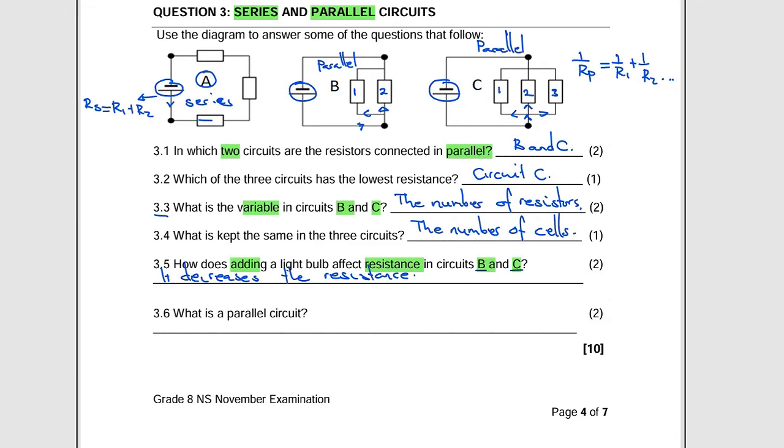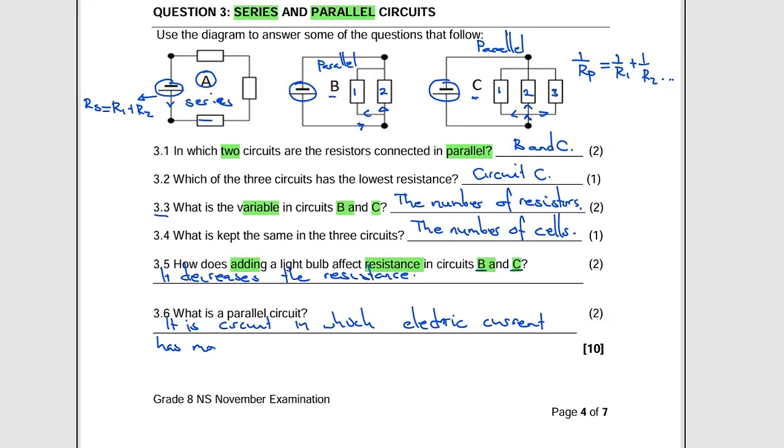Then resistance is the opposition of flow of what? Of current. And then what is a parallel circuit, right? So here we're looking at B and C, it's more of defining B and C. So I'm going to say it is a circuit in which electric current has more than one path to flow.